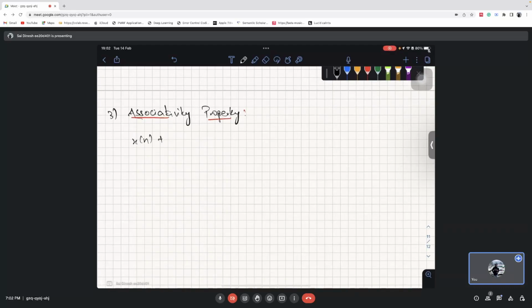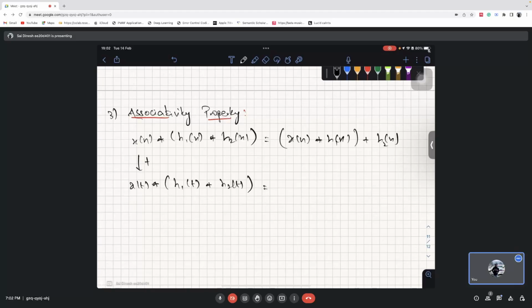So we have x of n convolved with h1 of n, again convolved with h2 of n, which is equal to x of n convolved with h1 of n convolved with h2 of n. The continuous time equivalent is x of t convolved with h1 of t convolved with h2 of t, which is equal to x of t convolved with h1 of t again convolved with h2 of t.